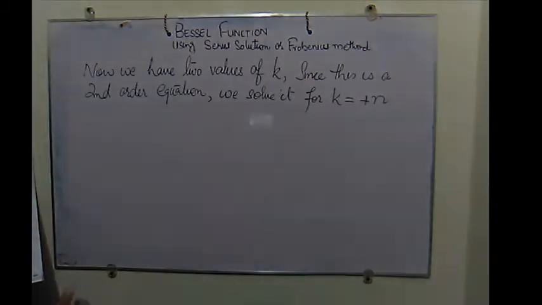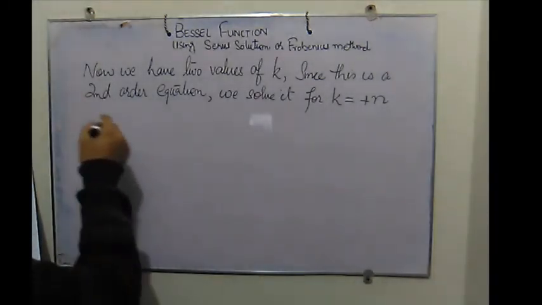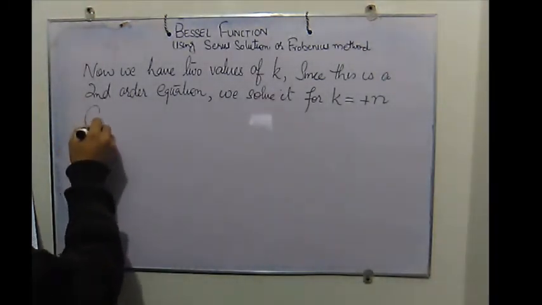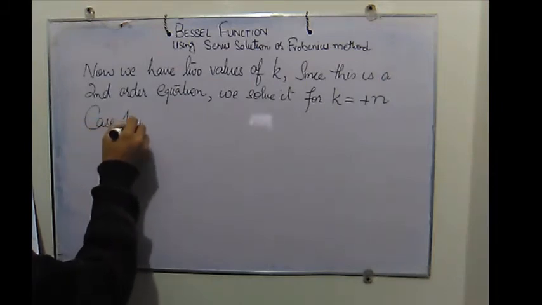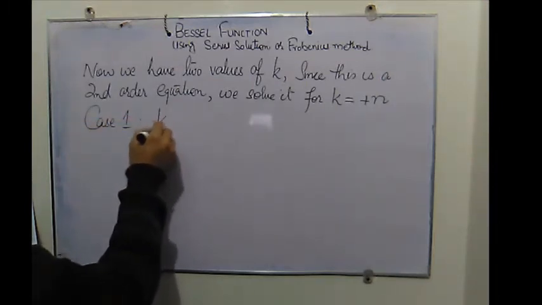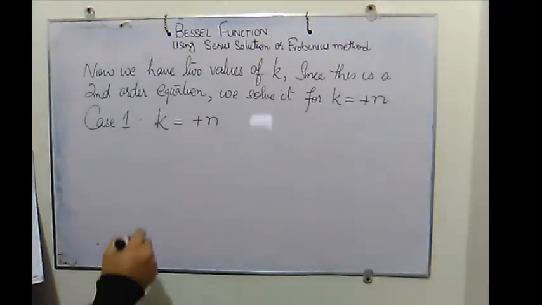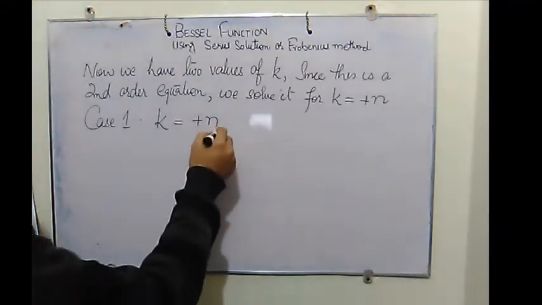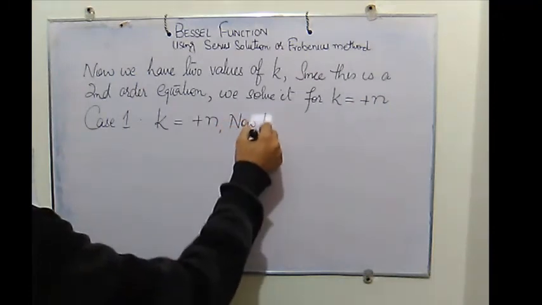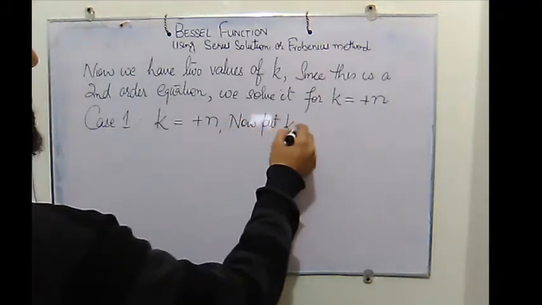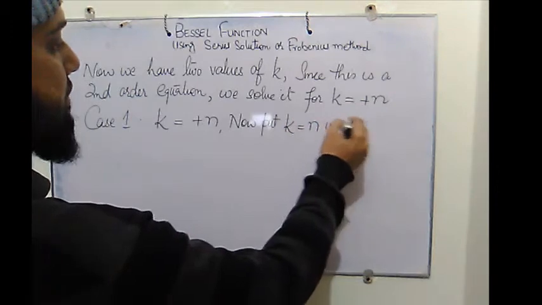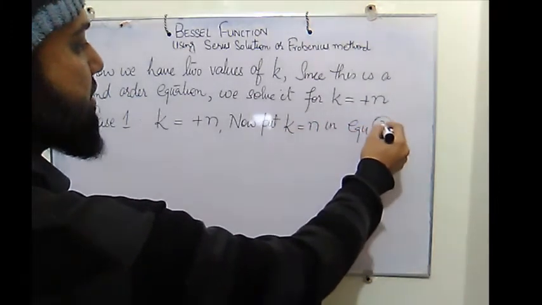We are talking about equation 3. So we start with case 1, when k is equal to plus n. And we put this k is equal to n in equation number 3.